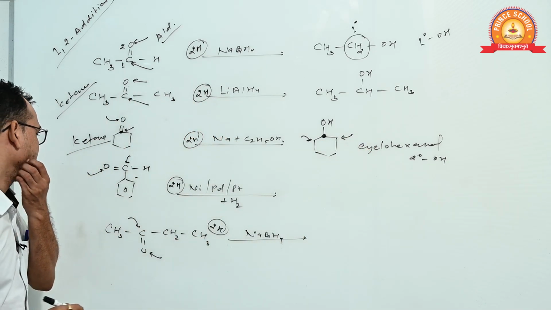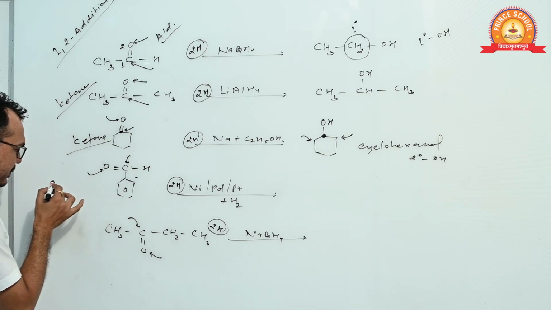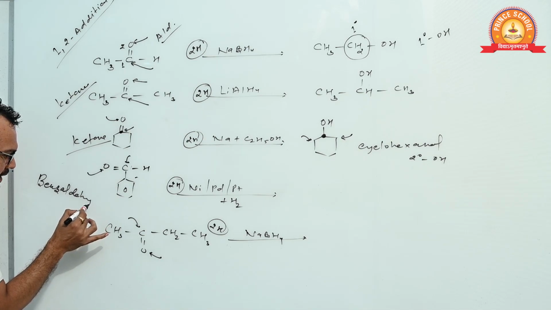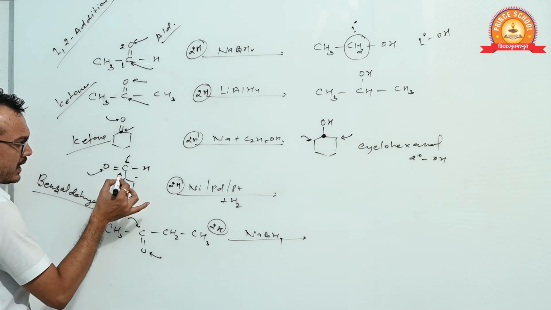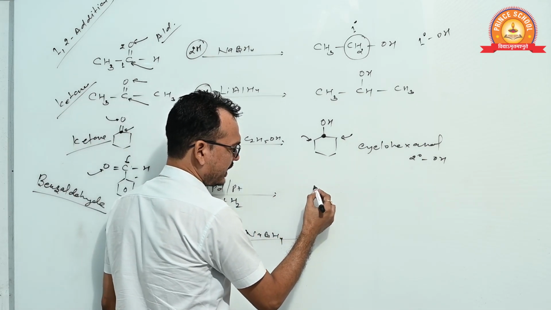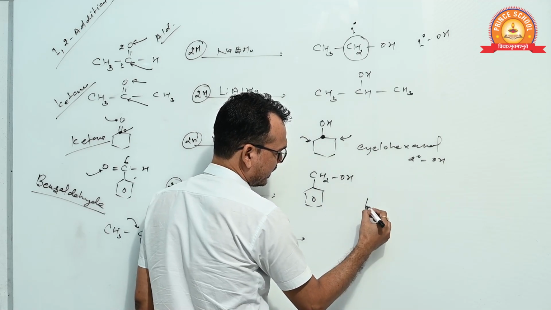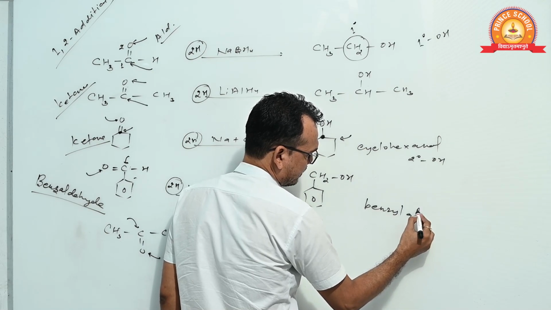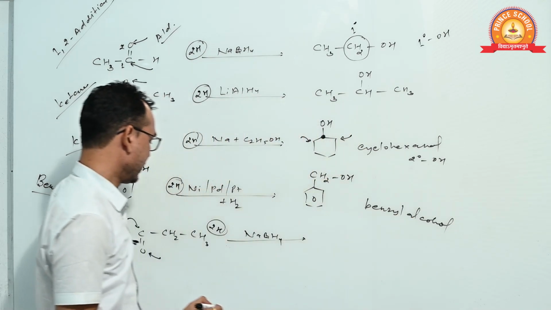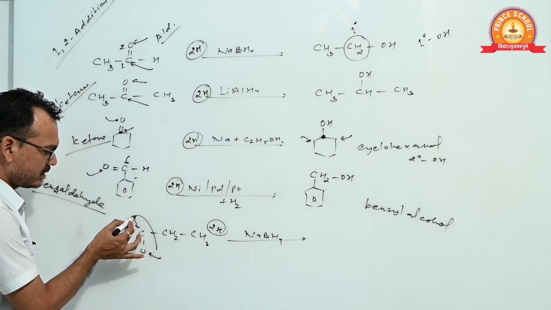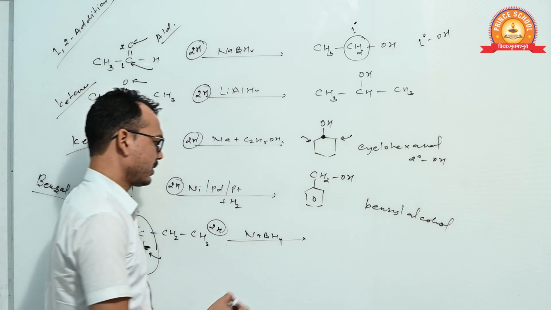Then benzaldehyde converts into benzyl alcohol. And this is sodium borohydride which reduces this C double bond O into alcohol.